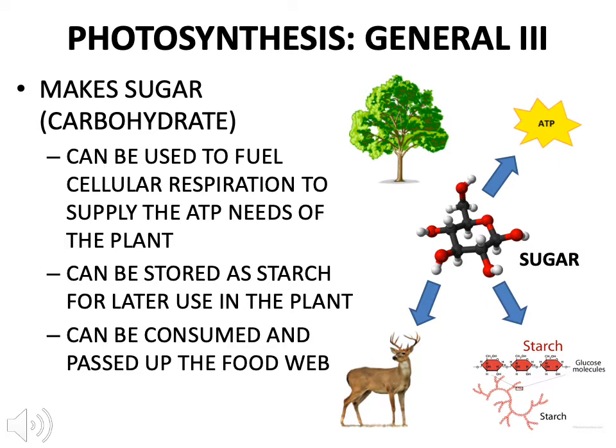Now, the plant has also the option of storing that sugar, and storing that sugar in the form of a polysaccharide. So we learned that in the presentation on biomolecules. And so at the lower right on the illustration, you see a molecule of starch, which is technically the storage form of this food molecule in the plant.